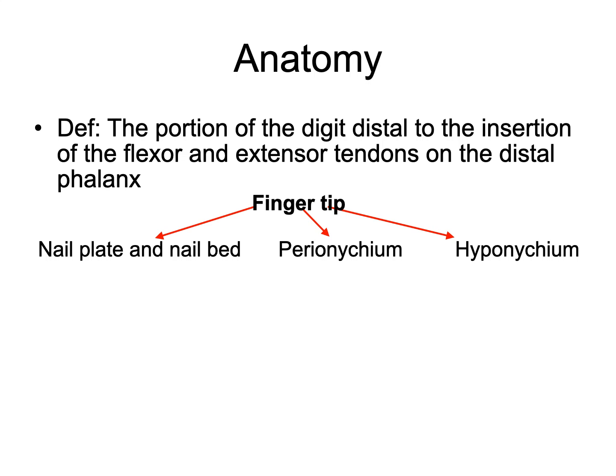The fingertip is the portion of the digit just distal to the insertion of the flexor and extensor tendons. I mean by this the nail bed and its nail plate, the perionychium, hyponychium, the bulb of the finger, the phalangeal fractures or the phalanx. All this part is considered fingertip.